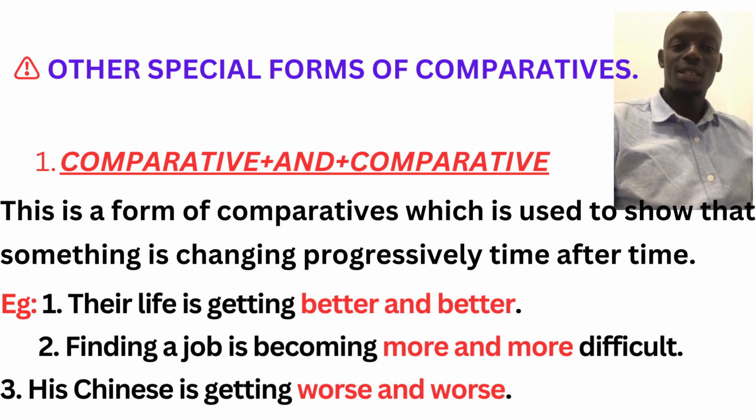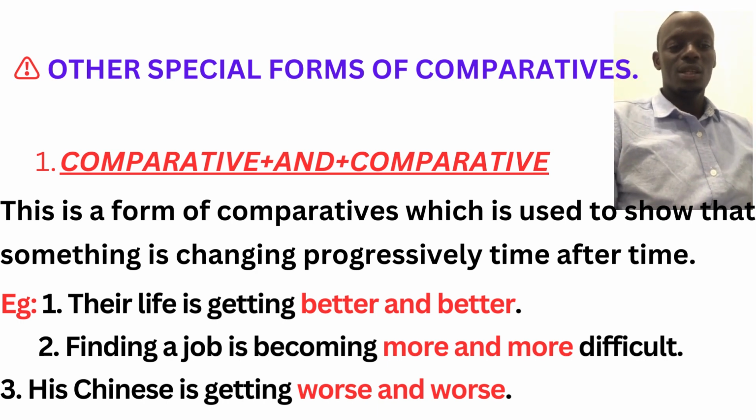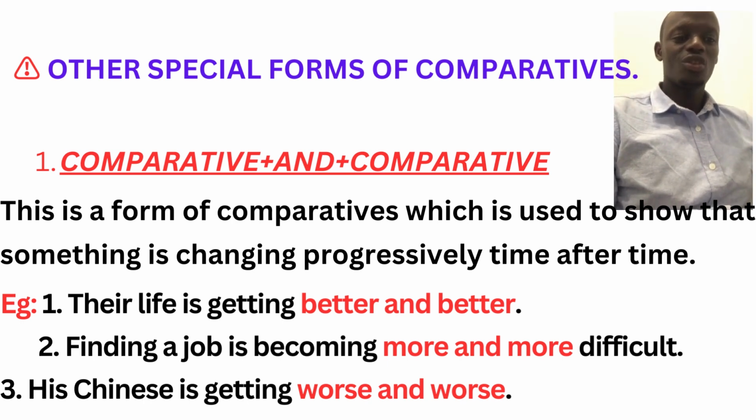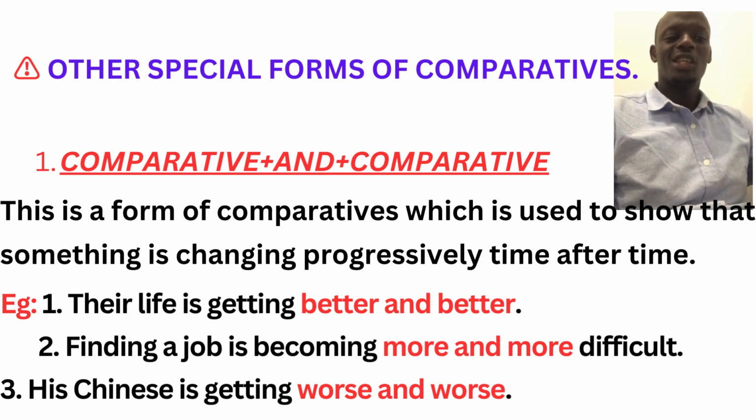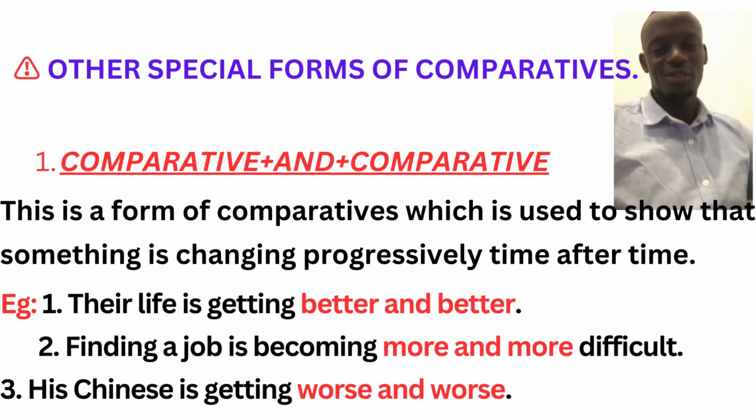You see, better and better: comparative plus and then plus another comparative. It means it's getting better every day. This is the change that is happening time after time. It is not stopping, yes? Finding a job these days is becoming more and more difficult.